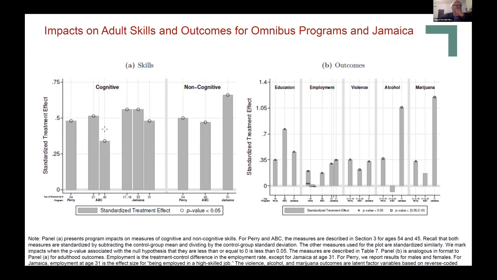Look at this. What you see is the treatment effect for Perry and ABC at 45 and 50. Very high. Here's Jamaica at 31. And you can see these are very substantial. But you can also see that the Jamaican program is on par.